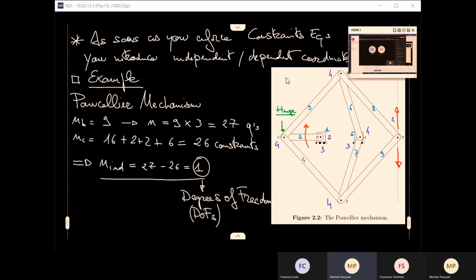Please just pay attention to one thing. Typically, also in the formulation in the notes, we always denote a number of parameters as independent with the subscript I, which is not the superscript I. The superscript I is typically used to count the number of bodies.